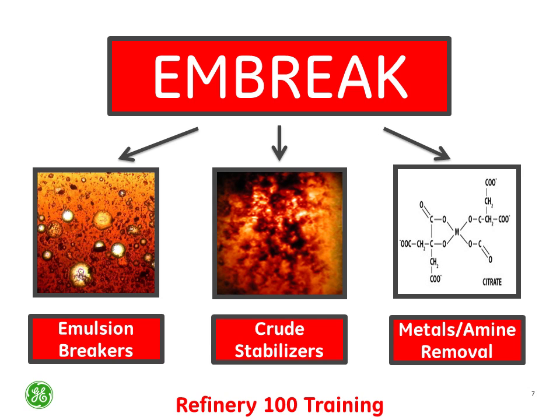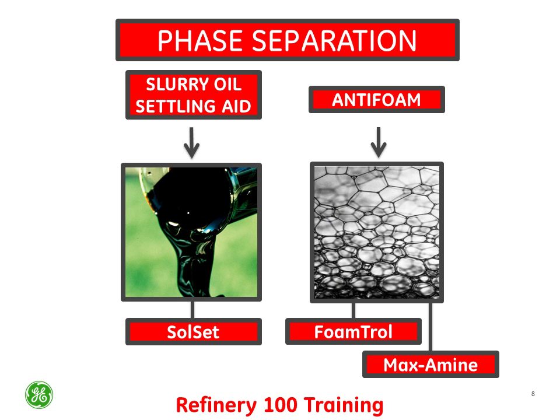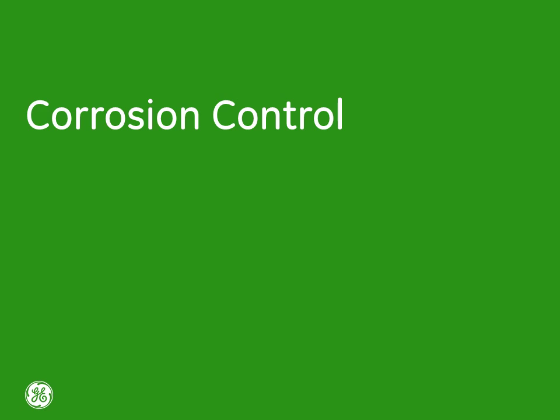We can see a picture of asphaltene precipitation, and we also use Embrake products to help remove metals from a crude. Also included in the phase separation category is slurry oil settling, known as Salset, and antifoams, which come under the Foamtrol and Maxamine brand names.